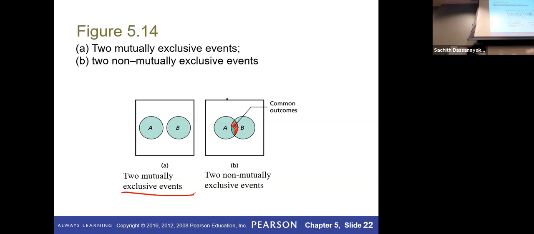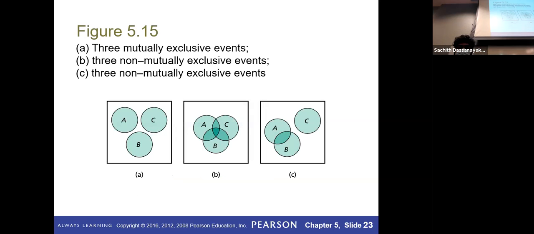This can happen for more than two events. It doesn't matter how many. With more than two, we can have mutually exclusive events or non-mutually exclusive events. Here, the first one is definitely three mutually exclusive events. Second one, three non-mutually exclusive events. Third one, it should be two non-mutually exclusive events, because this one is one particular event, and these two we can consider as one event.